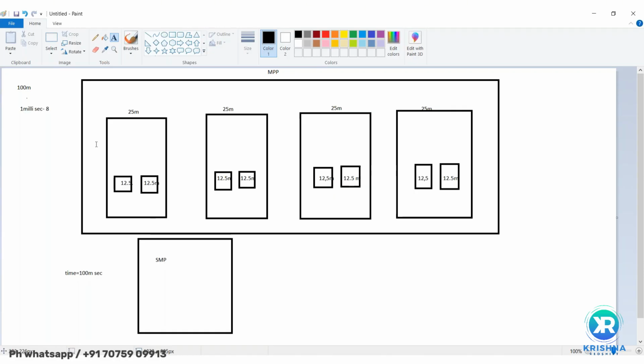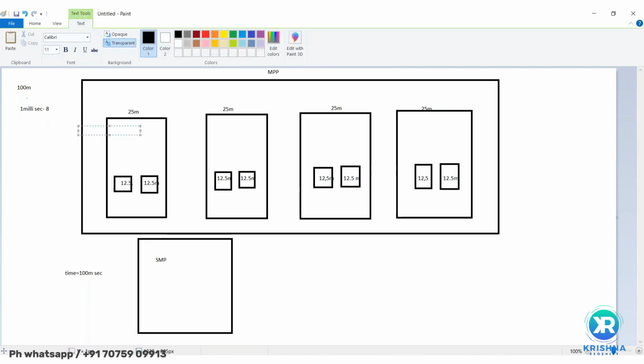Now the same 100 records. We need to load them into 8 slices. So in the first second 8 records will go, in the second second 8 records will go, like that. In 12 seconds 96 records will go. There is nothing like 12.5. In the 13th second the remaining 4 records will go.